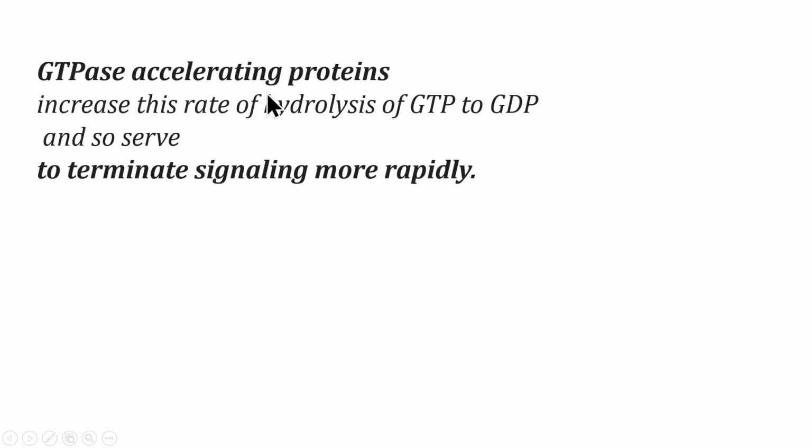GTPase accelerating proteins increase the rate of hydrolysis of GTP to GDP. That means the hydrolysis of GTP to GDP will be faster, so the signaling will occur for a shorter duration of time. If they are not activated, in that case, the signaling gets prolonged.